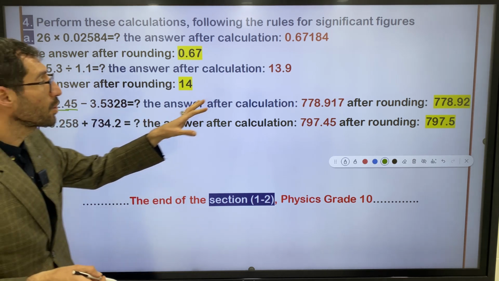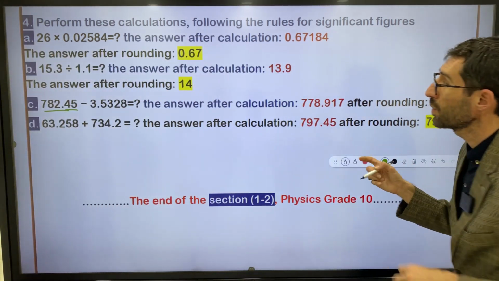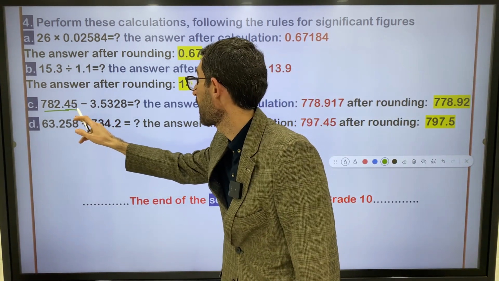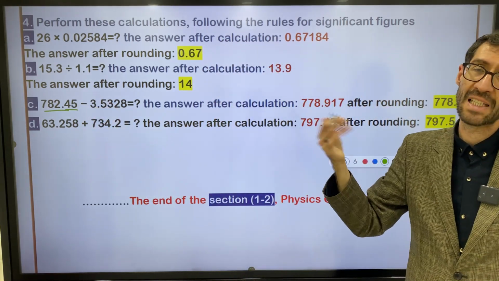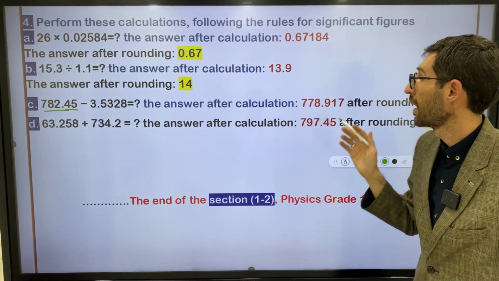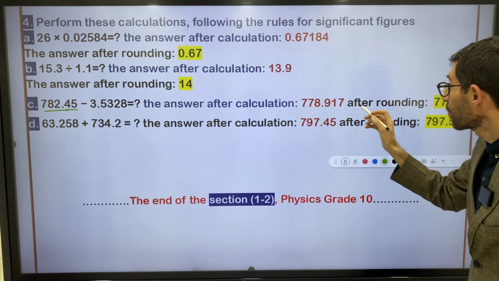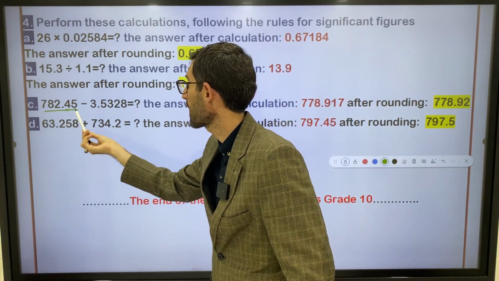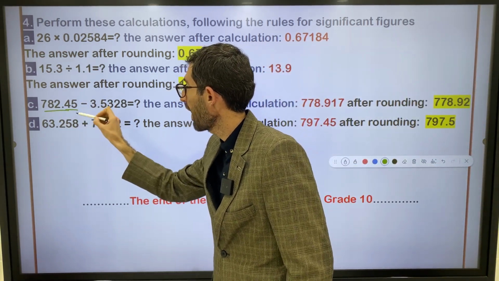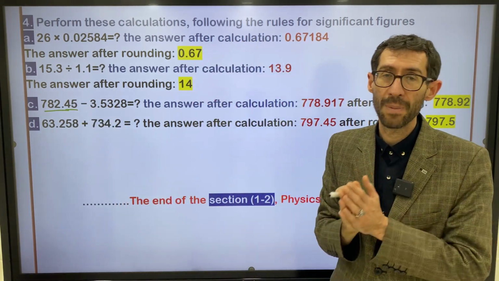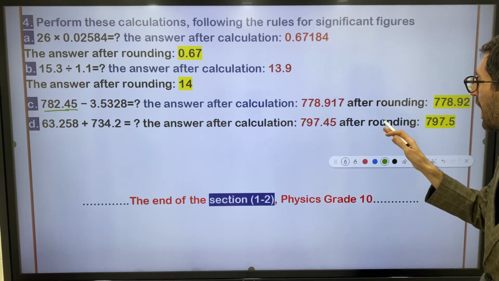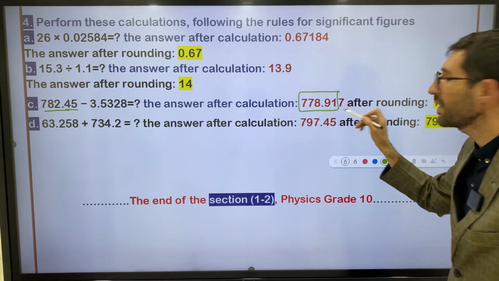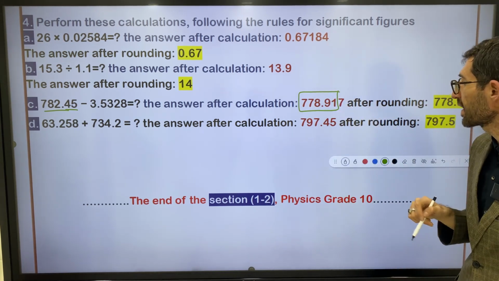So after calculation, you get this result. I told you, you have to have 2 decimal places after the decimal point, right? The answer will be what? We need this one. I told you, you have to have 2 decimal places after the decimal, so we need only this part.